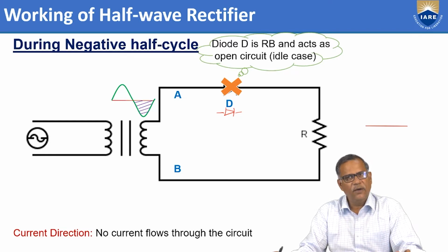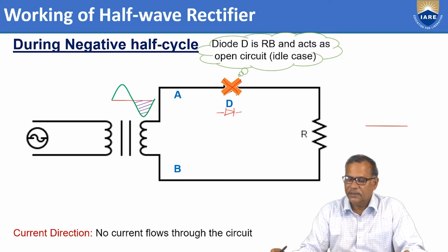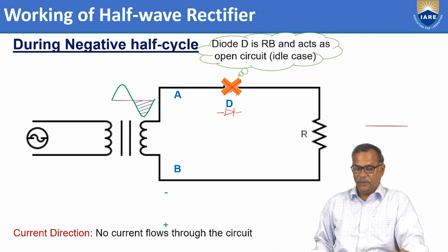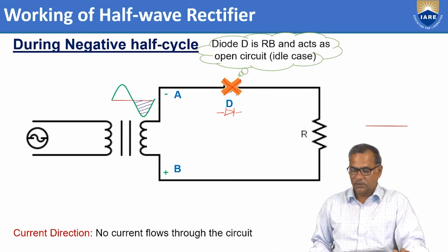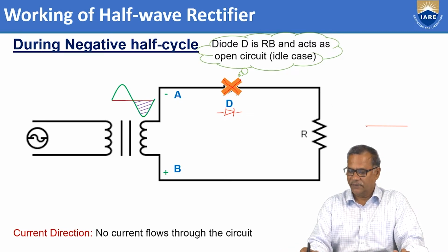So it acts like an open switch. That's why this is represented with a cross mark. The diode is reverse biased and it acts as an open circuit. When it is open circuit, there is no flow of current and the voltage across the load resistor is zero. So for the negative half cycle, we get the output voltage as zero.